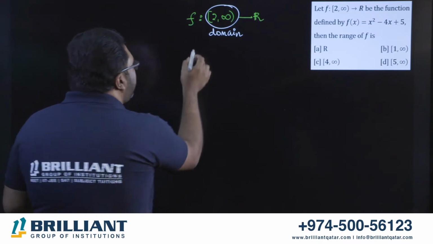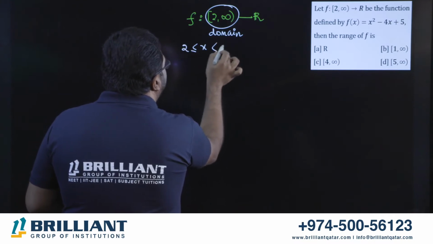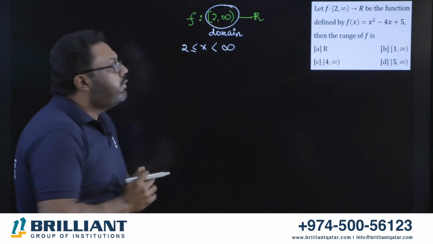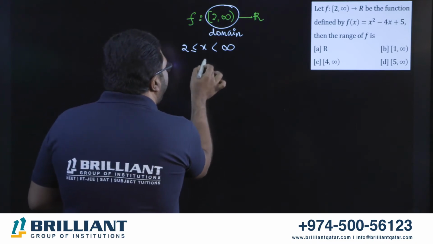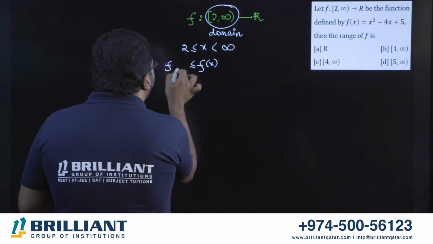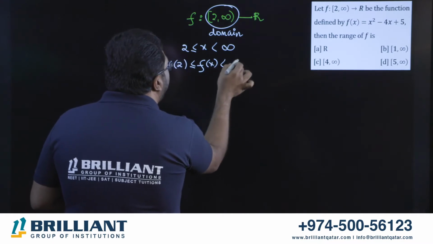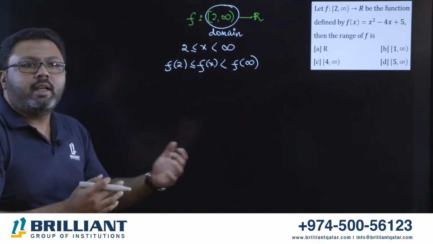So very clearly, x is a value between 2 and infinity. What happens to f of x? f of x is going to be a value between f of 2 and f of infinity. It's very easy to understand.